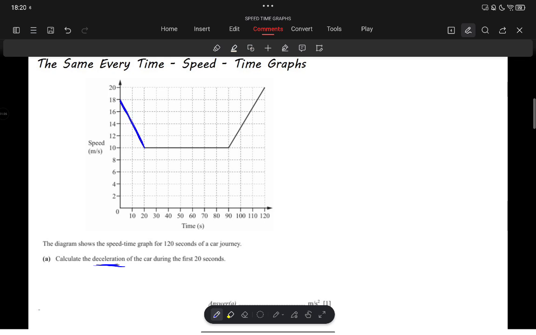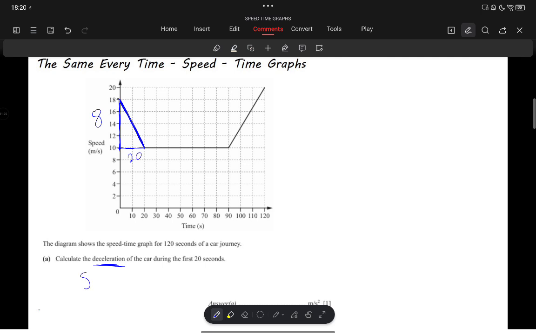So the gradient, change in y divided by change in x, or rise over run. Change in y, or rise, we're going from 10 to 18, so that's 8. And on the horizontal axis, we're going from 0 to 20, so it's 20 that way.